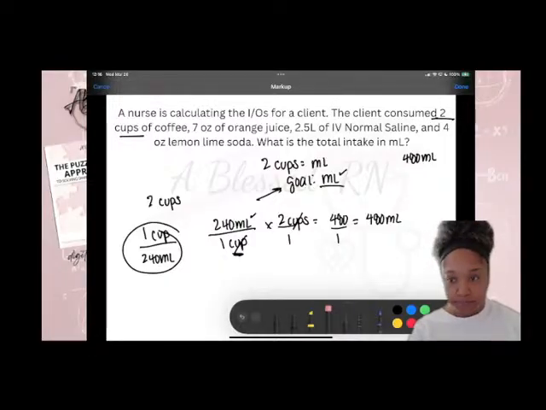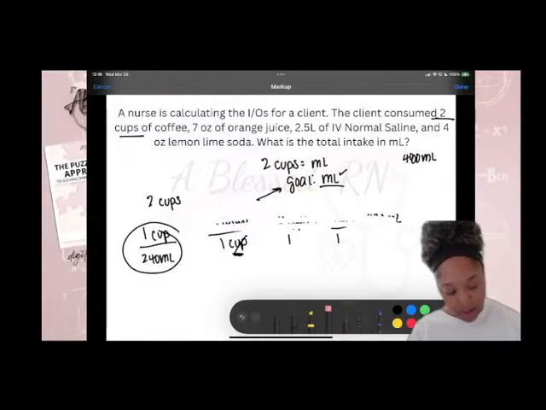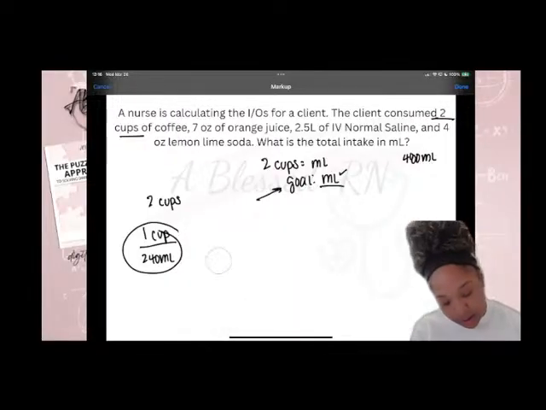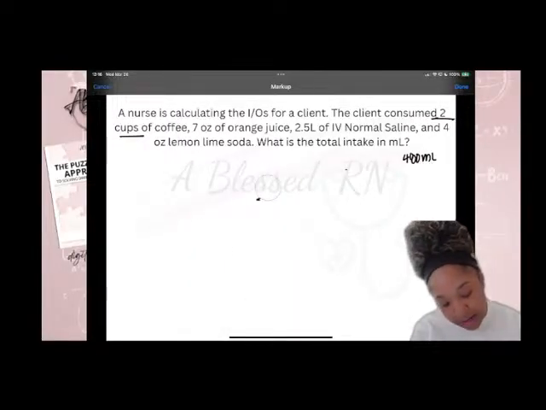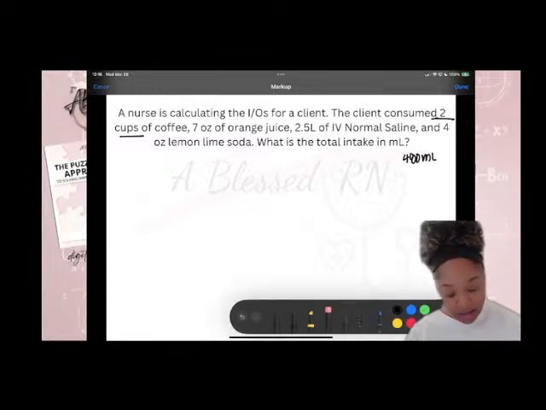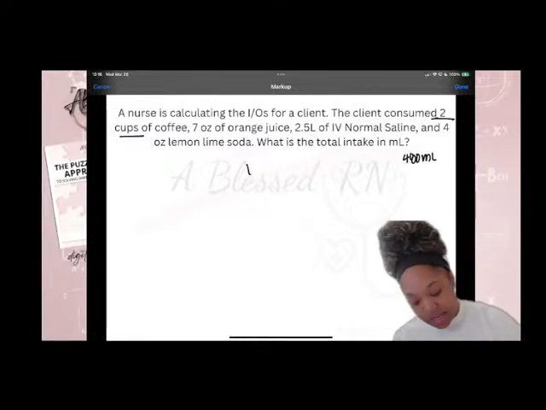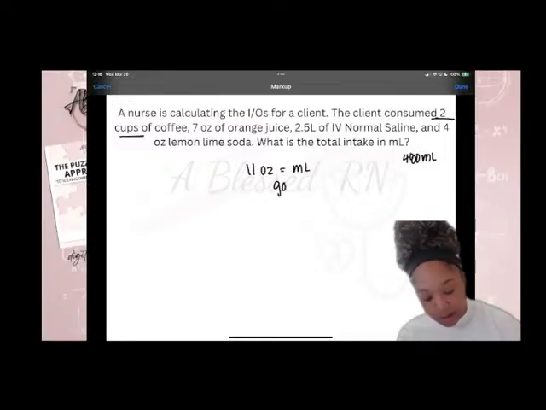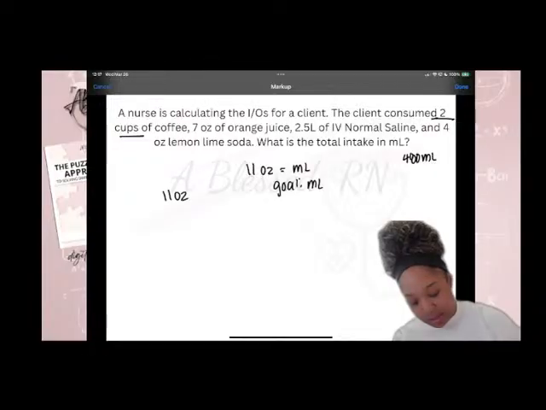All right. So that was the first part. Now we'll have to convert. So I'm going to add my 7 ounces of orange juice and my 4 ounces of soda together. That's going to be 11 ounces, and it needs to go to milliliters. So my goal is milliliters, and my puzzle piece would be the 11 ounces.